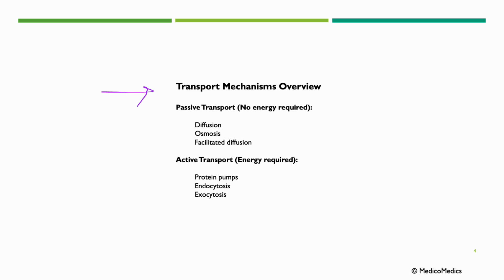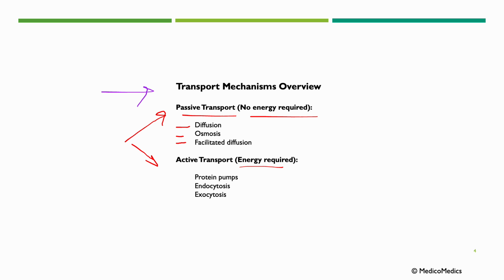Now, transport mechanisms overview. When we talk about transport mechanisms, we have passive transport, where no energy is required, and we have active transport, where energy is required. When we talk about passive transport, we talk about diffusion, osmosis, and facilitated diffusion.